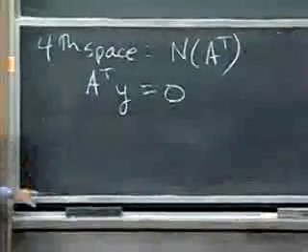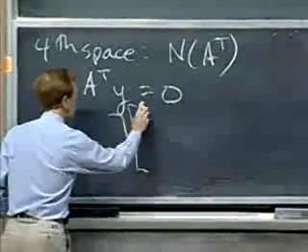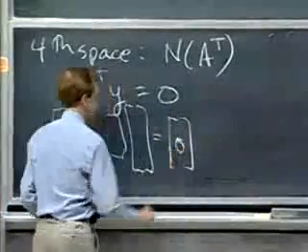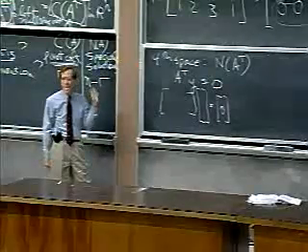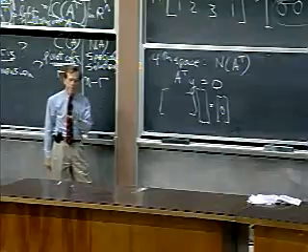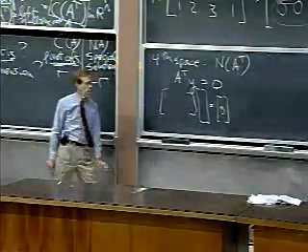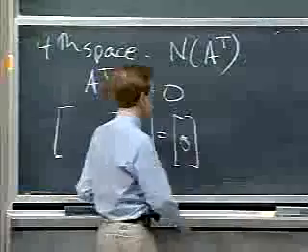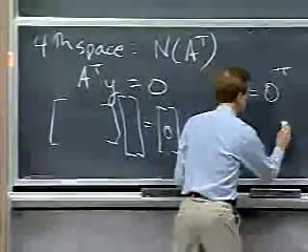So this is a matrix times a column equaling 0. And now, because I want y to sit on the left, and I want A instead of A transpose, I'll just transpose that equation. Can I just transpose that? On the right, it makes the 0 vector lie down.